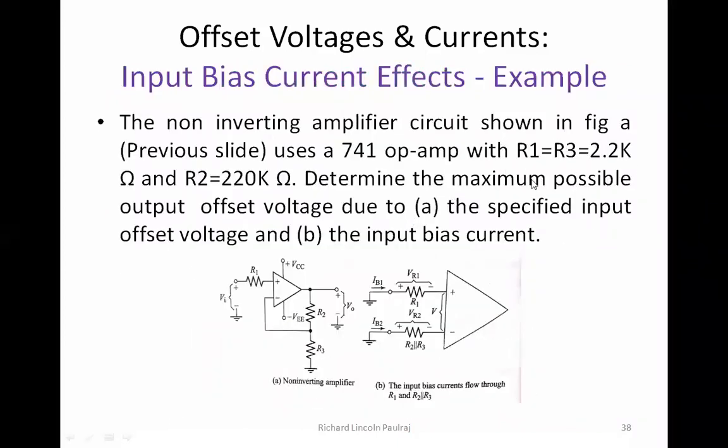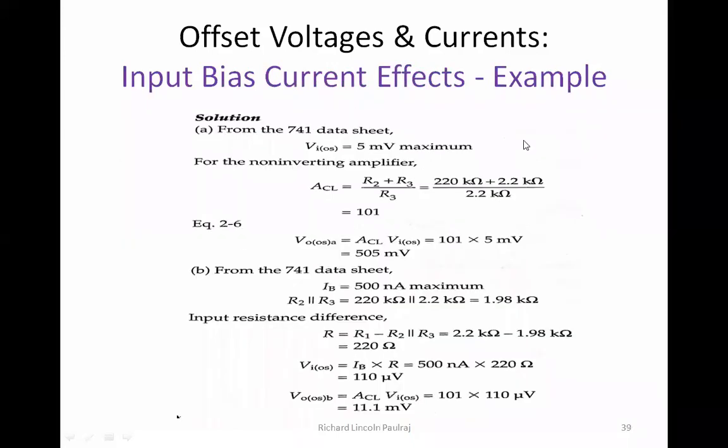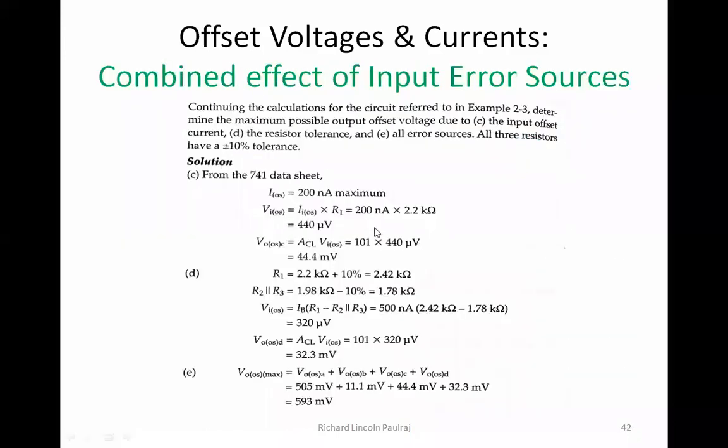So taking the same configuration, I find that my input offset voltage is about 440 microvolts. Now that I know the input offset voltage, I can find the output offset voltage. Output is nothing but gain into input. The gain we calculated as 101, into this new offset voltage, so I'll get about 44 millivolts.